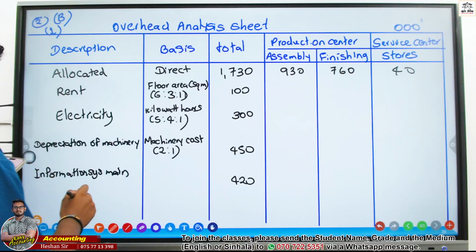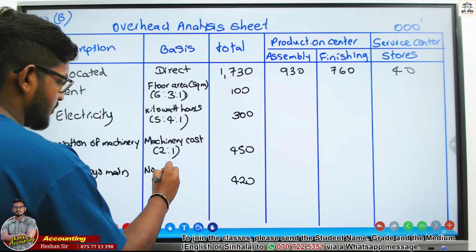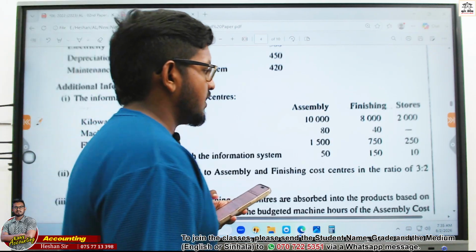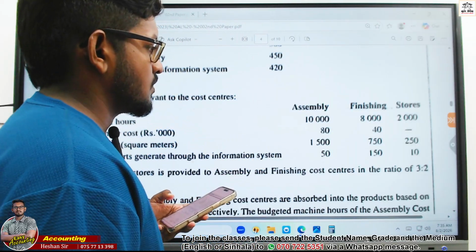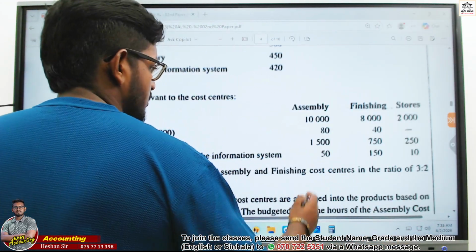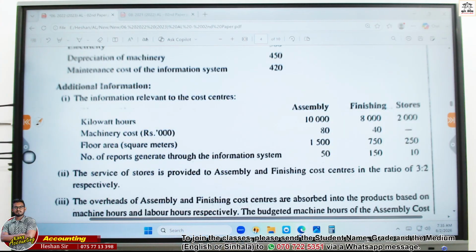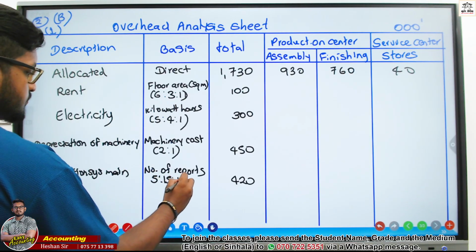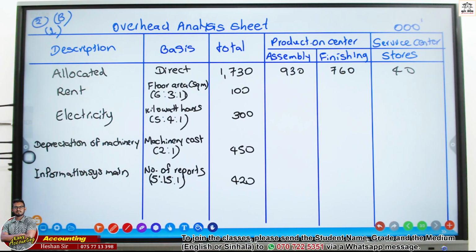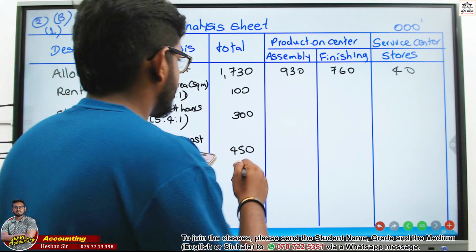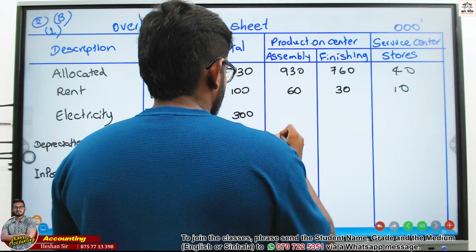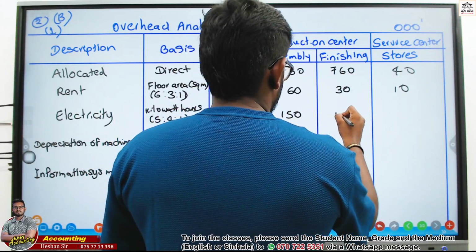Number of reports generated. You can see the number of reports given. You can divide further, like 5, 15, and 1. So cut the last 0. 5, 15, and 1, right? You will get 60, 30, and 10. 300 you will get 150, 120, and 30.